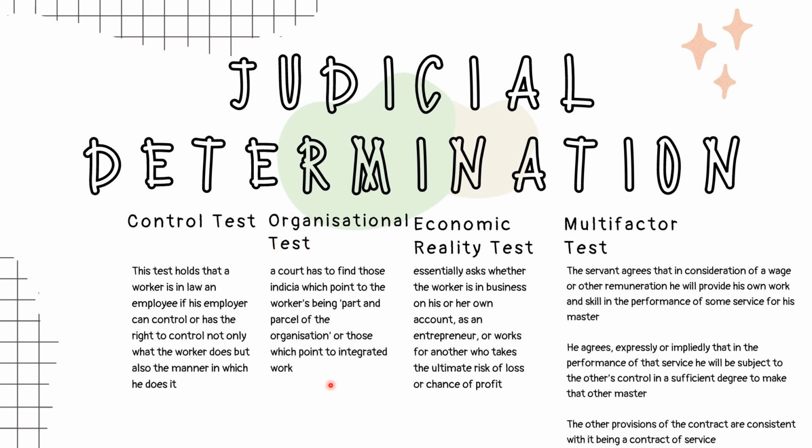Because of the limitations of the control test, as revealed by changes in social and economic conditions, the courts have searched for a different test. In Chief Justice Simmons' desire to extend employee status to certain professionals, he and Lord Denning propounded a new test. Right?